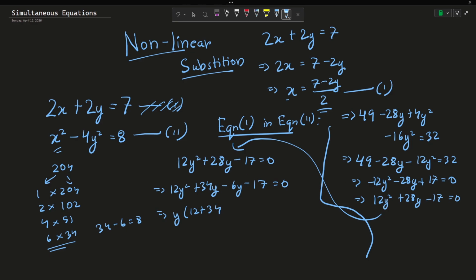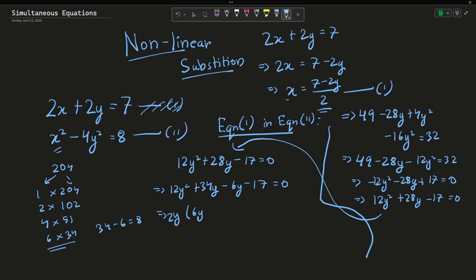Okay, so if I take y, that will be 12y plus 34 minus, if I just take minus 1. Oh wait, I can take 2y from here. I can agree that this is a little hard equation for a first example, but we can adjust.